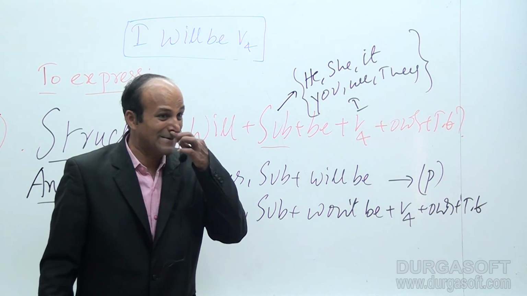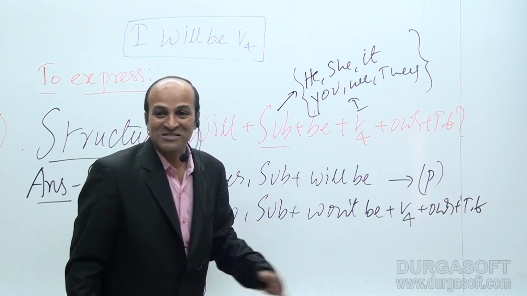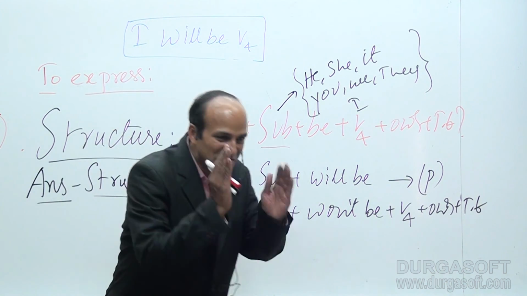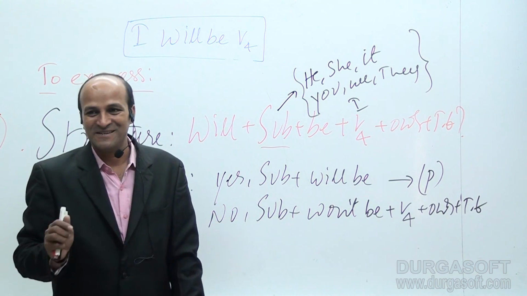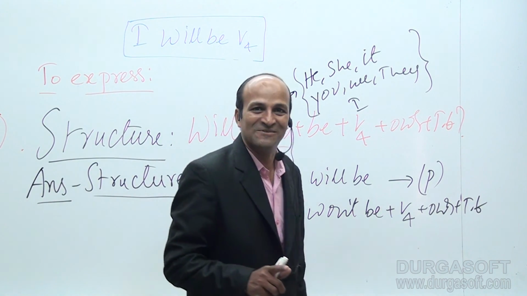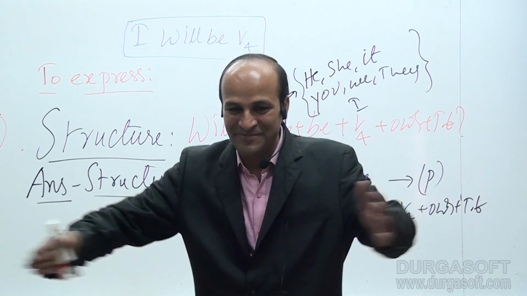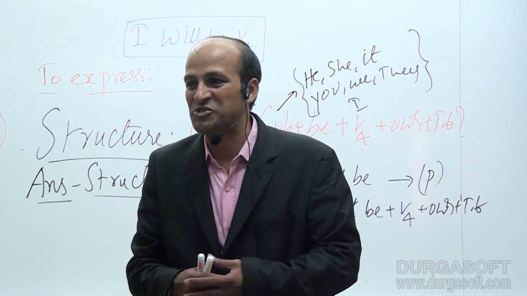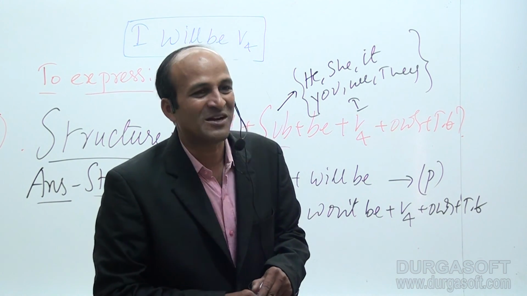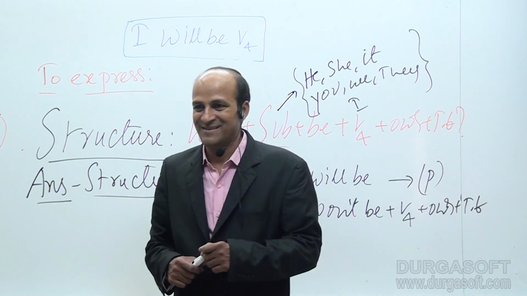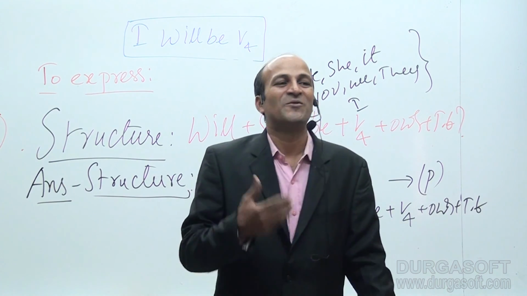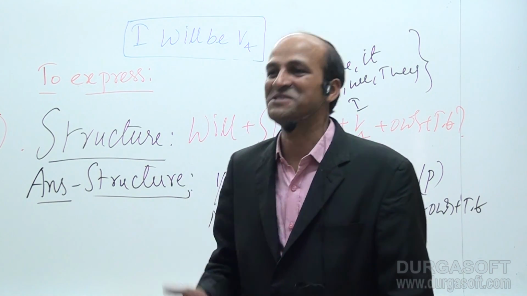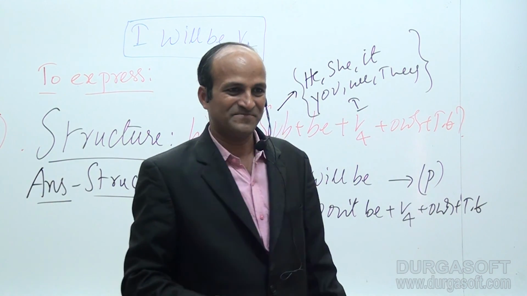As I said earlier many times, positive answers should always be simple and sweet, but negative answers will be lengthy and stretchy, because we give assurance to the people that we are not going to do that. That is the reason why we give full-length negative answers.